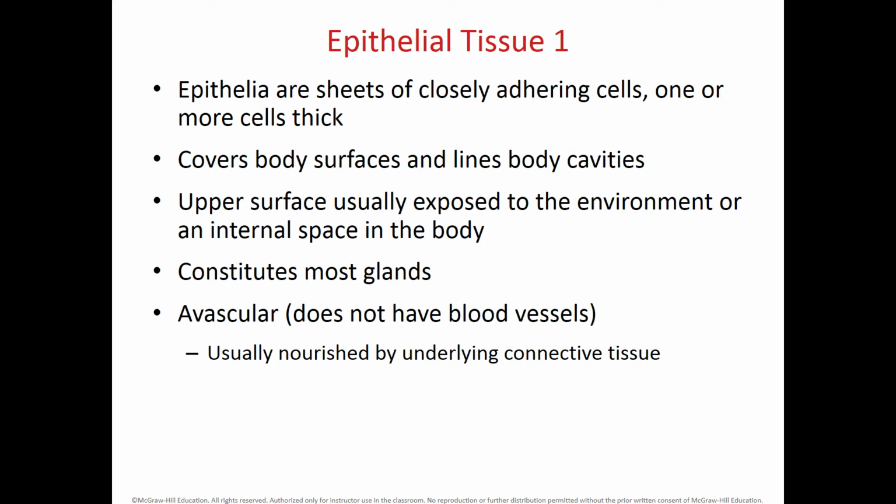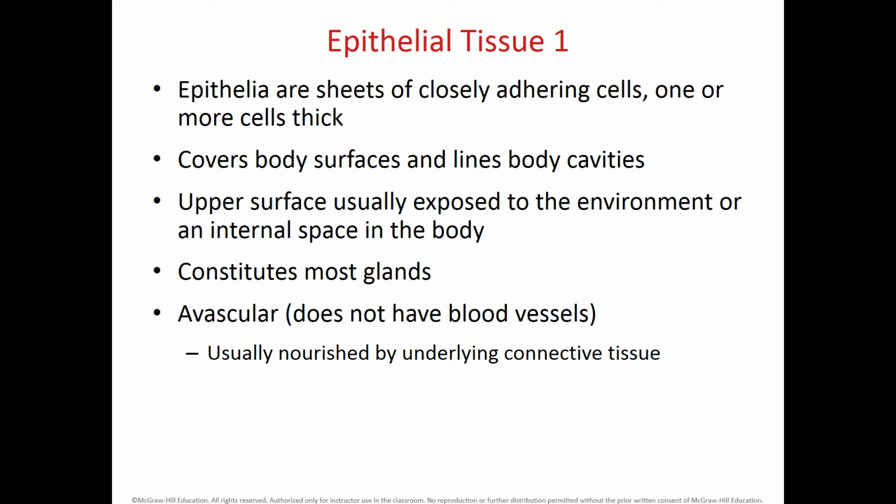Now in epithelia, you have these cells that are attached to a basement membrane, which is like a mat or a rug where these cells stick, because the cells cannot be freely floating. Now these epithelial cells will be oriented with the base facing the basement membrane, and the area that is exposed to the environment or an internal space in the body is what we call the apical area.